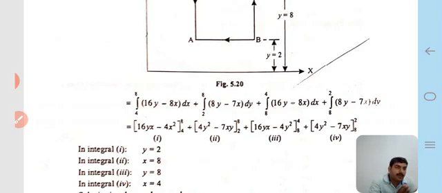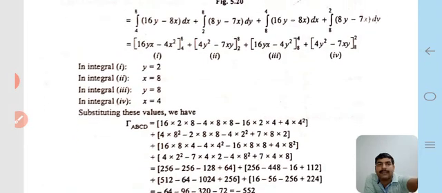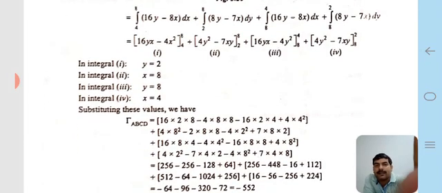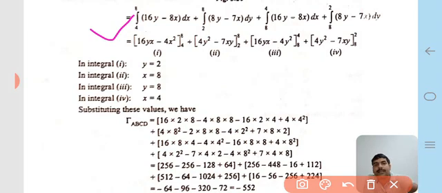Putting in all the terms and the ranges already provided, and after integration, we get the equation.